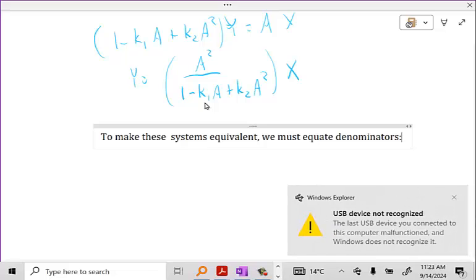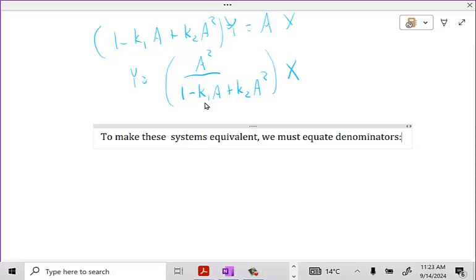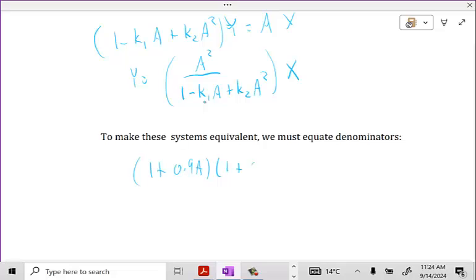We have a little glitch here. So 1 plus 0.9A times 1 plus 0.7A equals 1 minus K1A plus K2A squared.